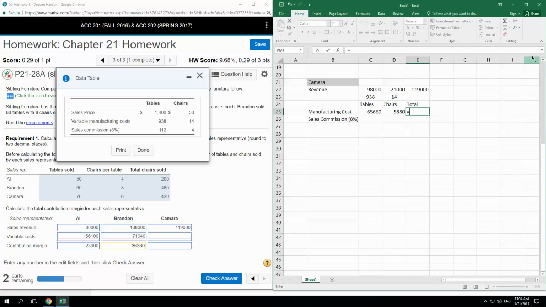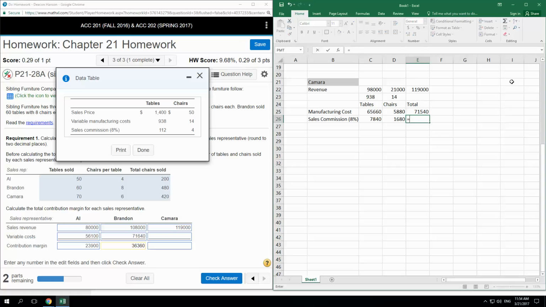Add them across to get the total, 71,540. Then don't forget the commission. It's 8% of revenue. So I'm taking 8% and multiplying it by what's in C22, which is the revenue figure. That formula copies relatively across.